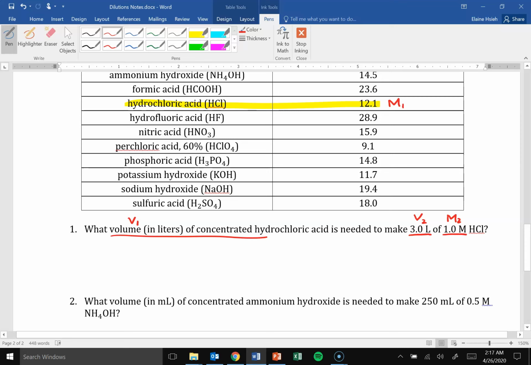All right, so let's plug it into the equation. M1 V1 equals M2 V2. M1 is 12.1 molar, and V1 is the unknown. M2 is 1.0 molar, and V2 is 3.0 liters. We need to isolate V1, so we're going to divide by 12.1 molar on both sides.